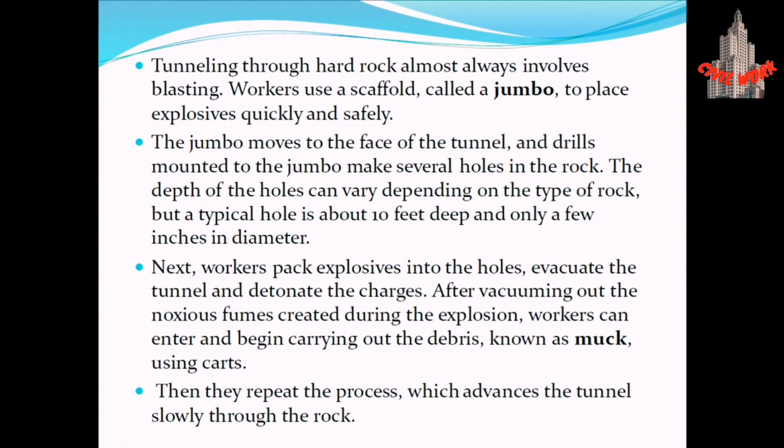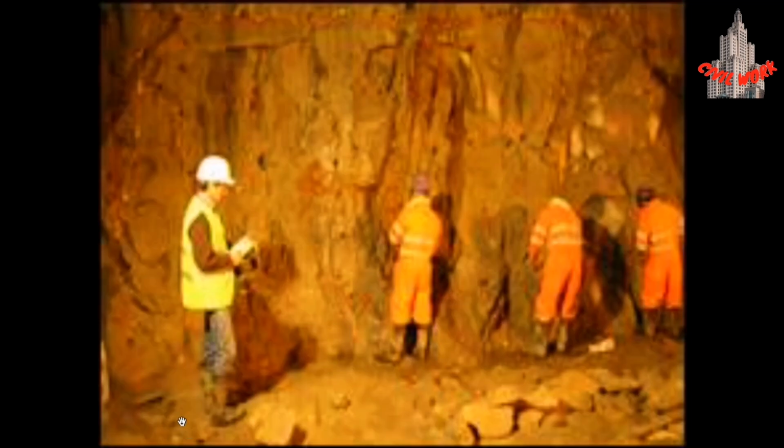Workers can then enter and begin carrying out the debris, known as muck, using carts. Then they repeat the process, which advances the tunnel slowly through the rock. This is the jumbo process, in which we use the jumbo for drilling, placing explosive and carrying out the excavation of the tunnel.